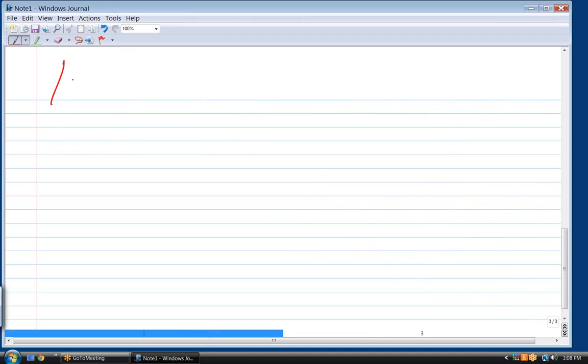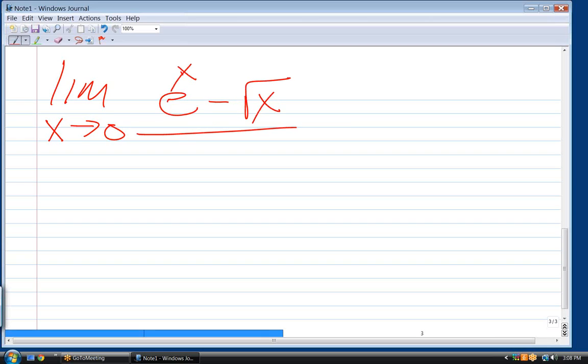The next one is the limit as x goes to 0 of e to the x minus root x over log base 4 of x plus 2. Like that? Yeah. Well, immediately we can see the bottom does not go to 0.